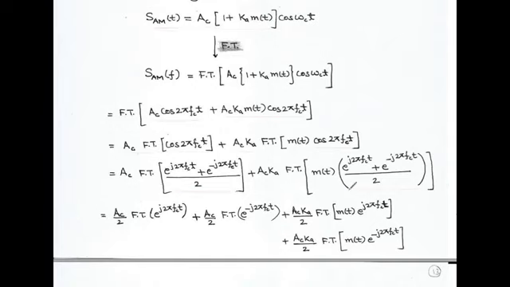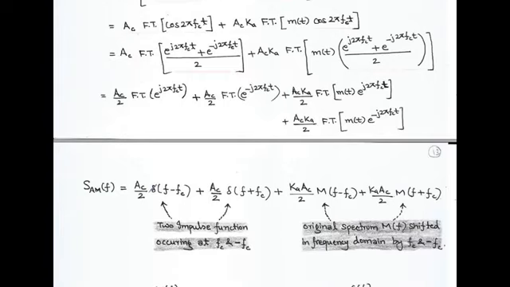After opening the bracket, we obtain the frequency domain equation of standard AM, denoted by S(f), and it is equal to A_c upon 2 delta(f minus fc) plus A_c upon 2 delta(f plus fc) plus k_a A_c upon 2 M(f minus fc) plus k_a A_c upon 2 M(f plus fc).